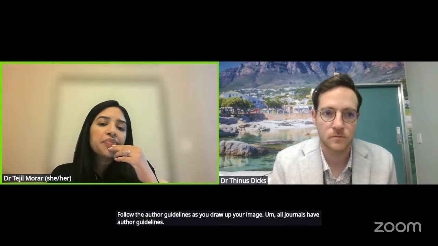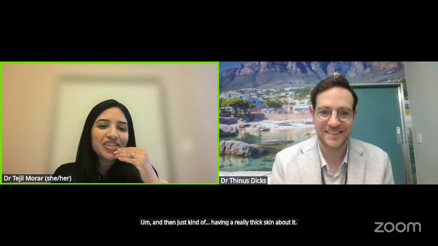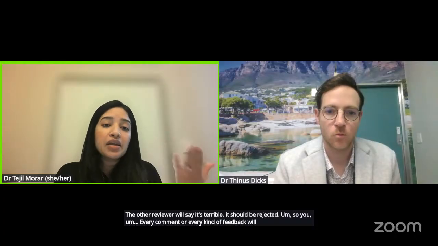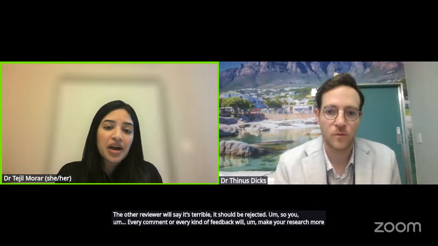All journals have author guidelines. And have a really thick skin about it. Research is quite subjective sometimes: one reviewer will say your article's amazing, and the other will say it's terrible and should be rejected. Every piece of feedback will make your research more robust.